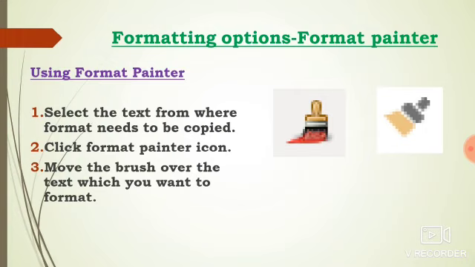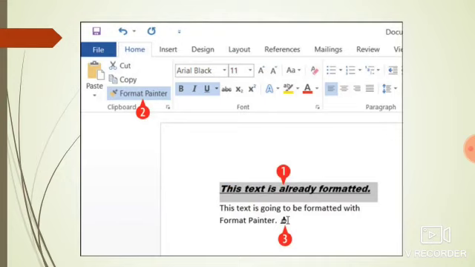If you want to continue with the same in some other area of the document, you can just select the text from where the format needs to be copied, then click the format painter icon, and finally move the brush over the text which you want to format. So it will be a brush type. First you select it, then click on format painter, and where you want it, you can paste it there.